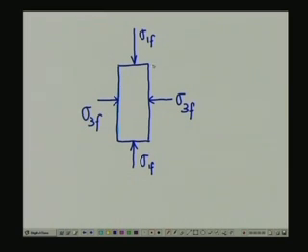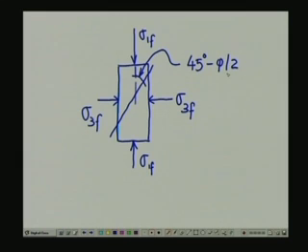In this case, you are going to have failure on a plane which is inclined at 45 degree minus phi by 2 to vertical. Okay, so that's what I mean.